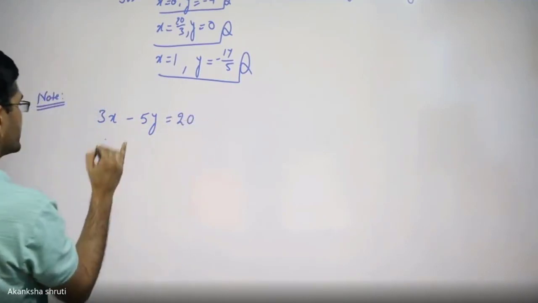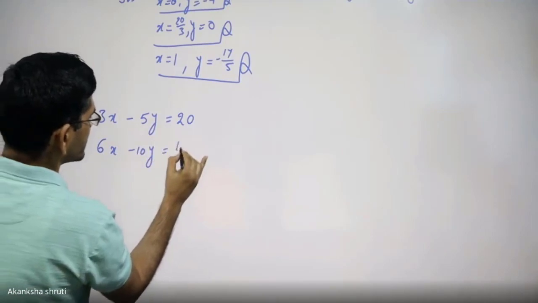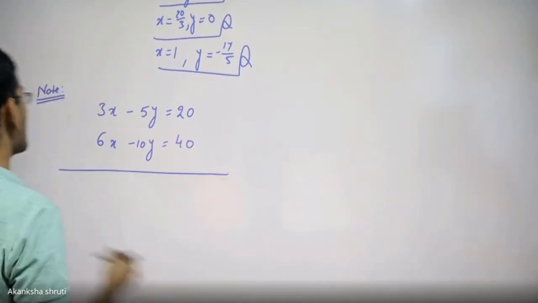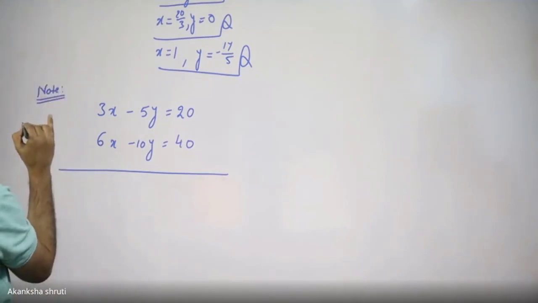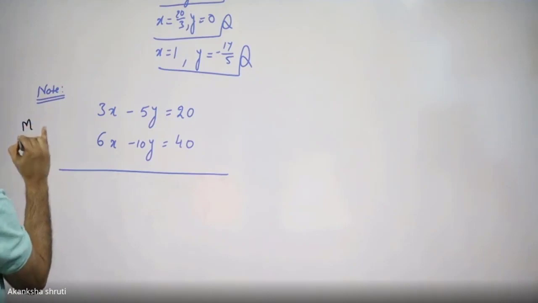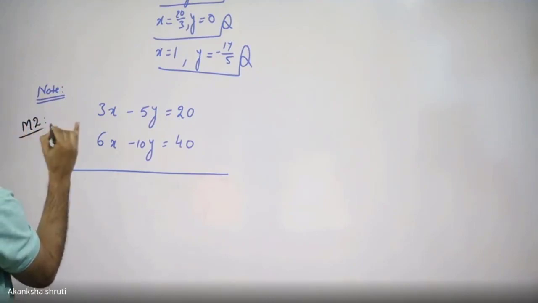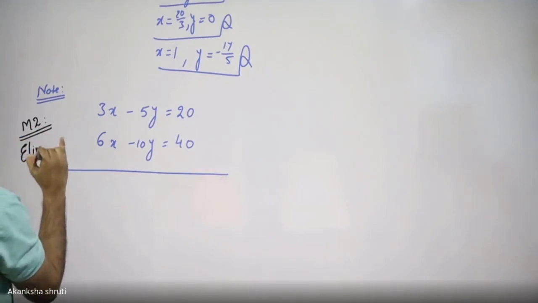The other equation is 6x minus 10y equals 40. Students, let us apply the elimination method, the method 2 that we have learned.